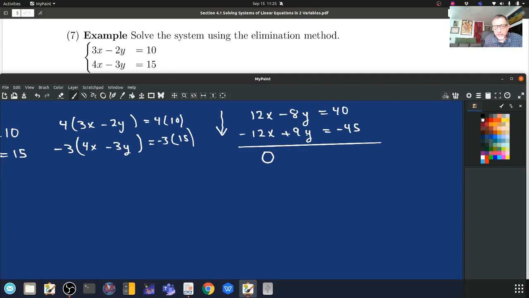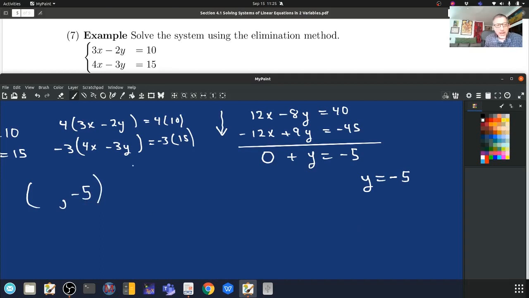Minus 8y plus 9y is just a single y. And 40 minus 45 is minus 5. So I literally just discovered that y is equal to minus 5.